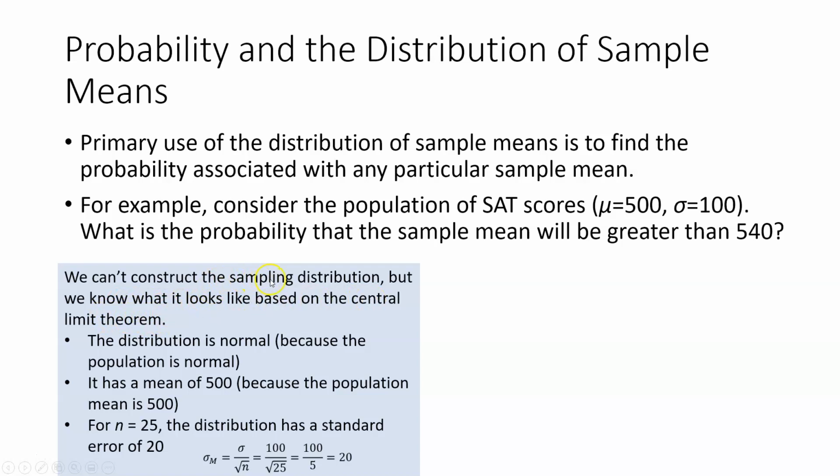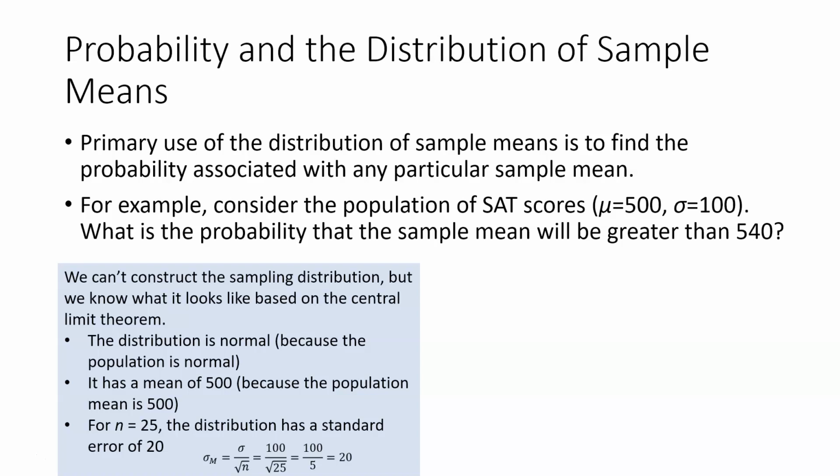The reason why we can't construct the whole sampling distribution is because we can't actually draw sample after sample after sample from all the people in the population and keep computing the average of their SAT scores in those samples and create some sampling distribution.